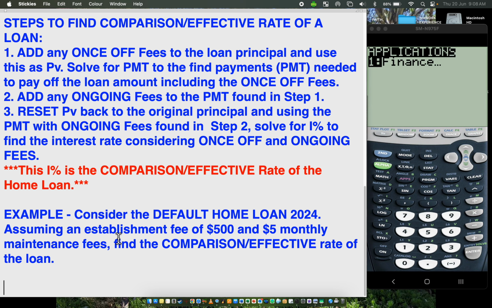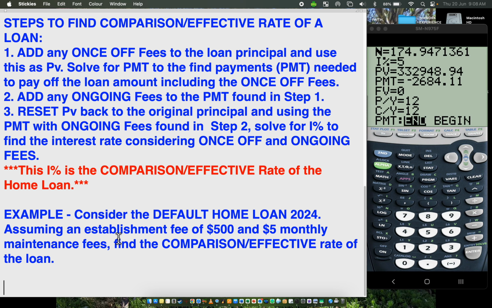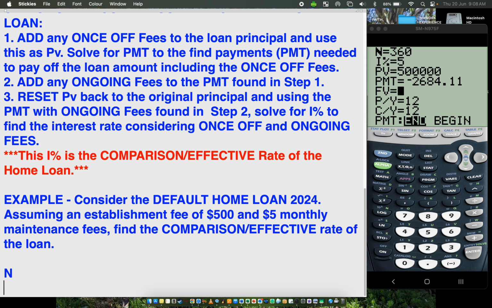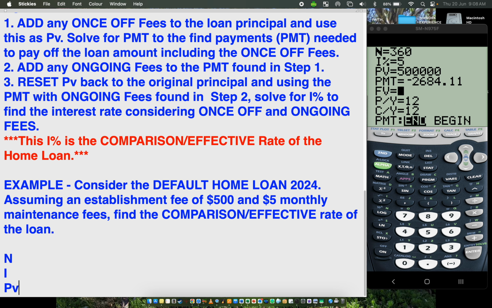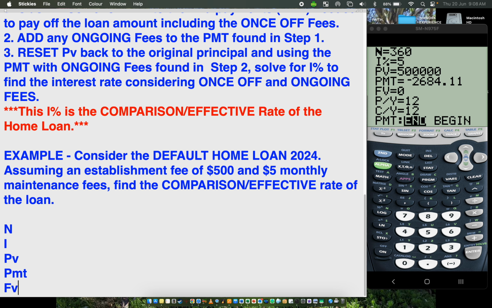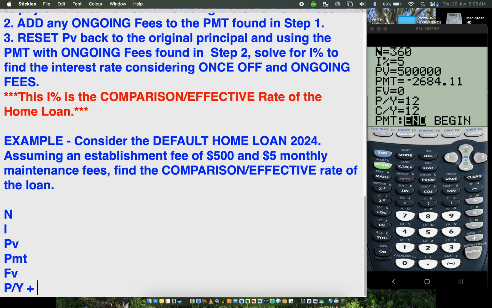Alright, default loan, let's chuck it in here. See if I remember. 360, 5%, 500,000. Those are the payments that we established. That's the default loan. N, I, P, V, PMT, FV, PY, and CY, all equals.